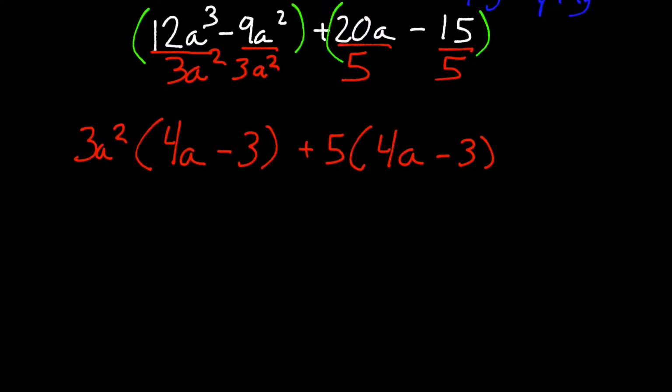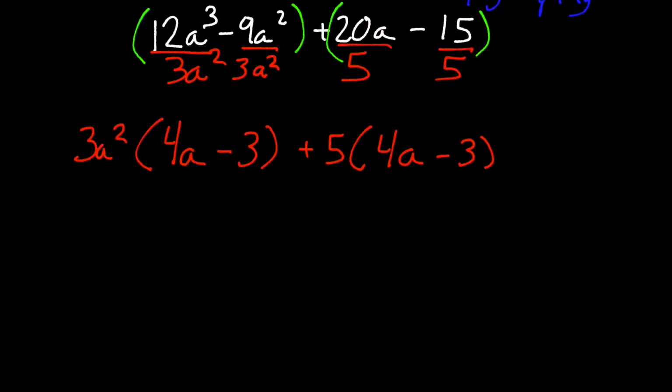So hopefully, if you watched part 1 and you've seen the factoring by common binomial factors, we should see something that looks pretty familiar. And if you are able to factor by grouping, you're going to get something like this every time. I have a 4a minus 3 over here, and I have a 4a minus 3 over there.